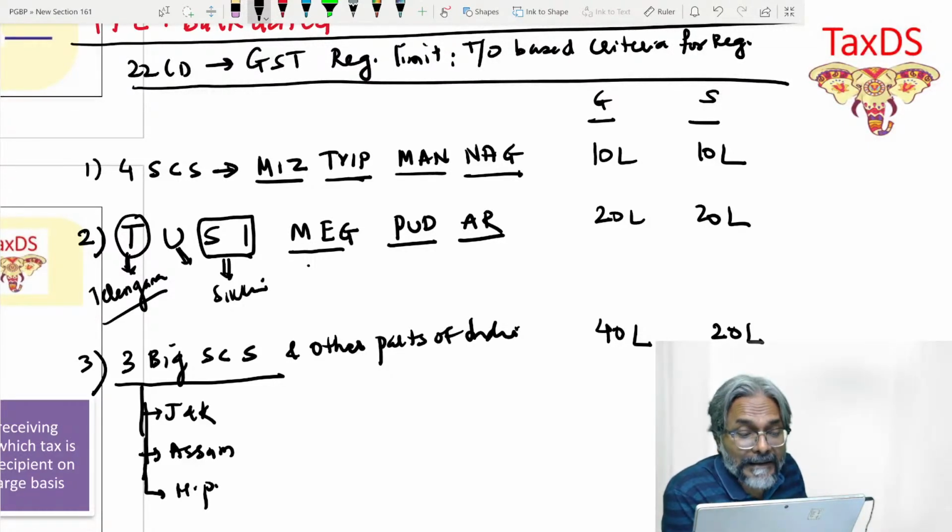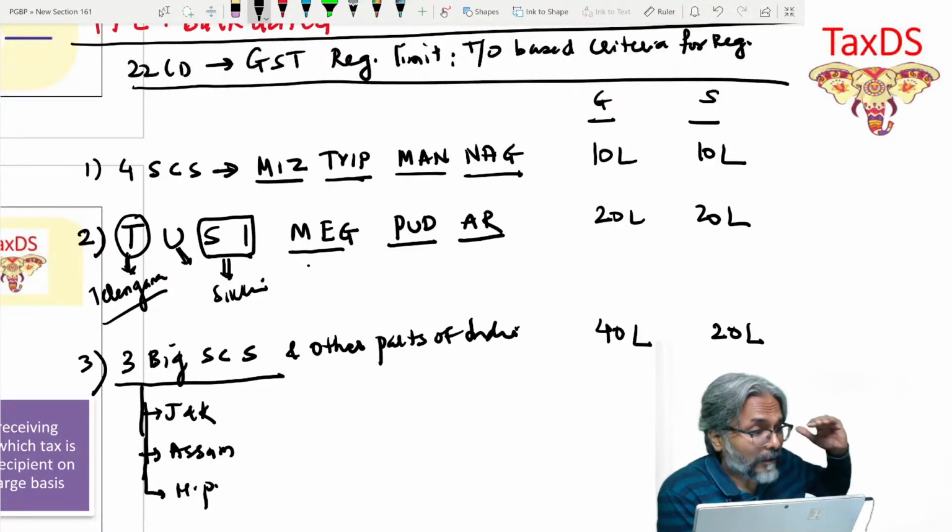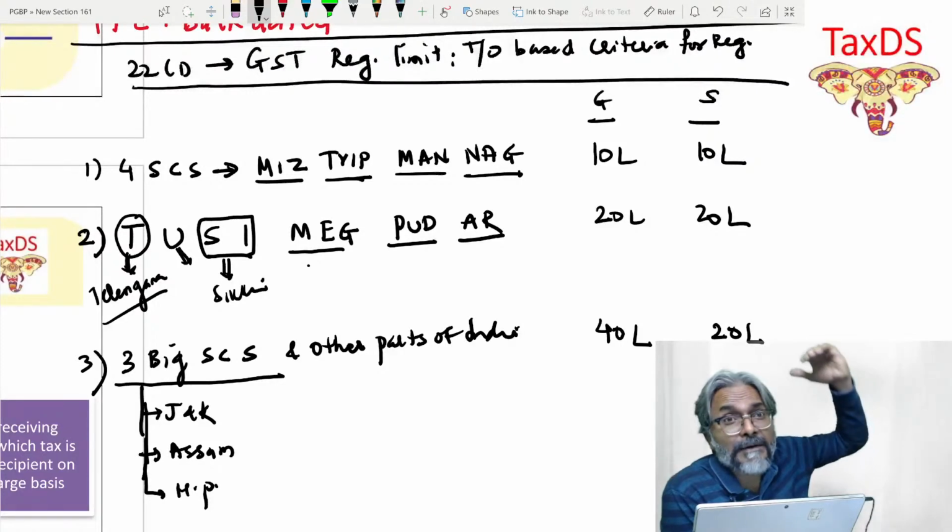But here, like Himachal Pradesh and all, students, manufacturing happens in Himachal Pradesh. But the Solan, you may have heard of it. So there is a lot of manufacturing facility, and that is the reason why the limit of registration is enhanced to 40 lakhs.